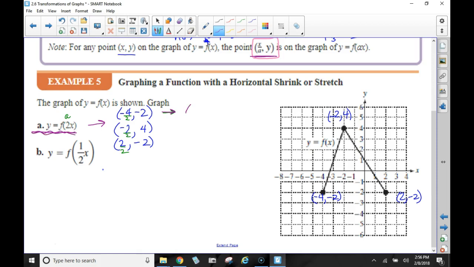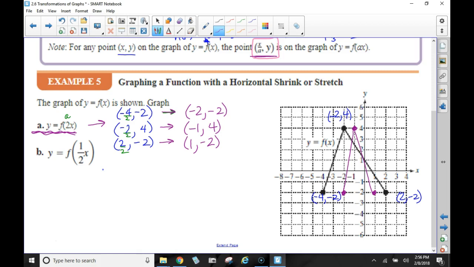That's now going to have a new key point at -2, -2, at -1, 4 for that one, and at 1, -2. So when we plot these points, -2, -2, -1, 4, and 1, -2, you can see in comparison to the original function, the black one, how my purple graph has been shrunk horizontally, like squeezed in, by a scale factor of 2.